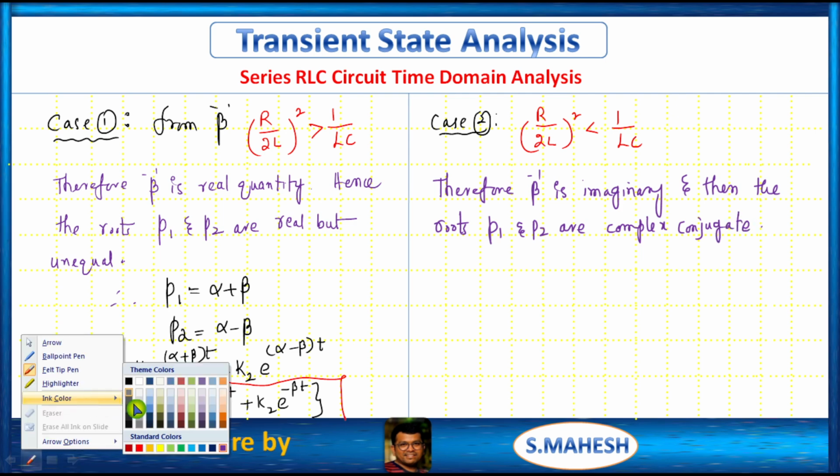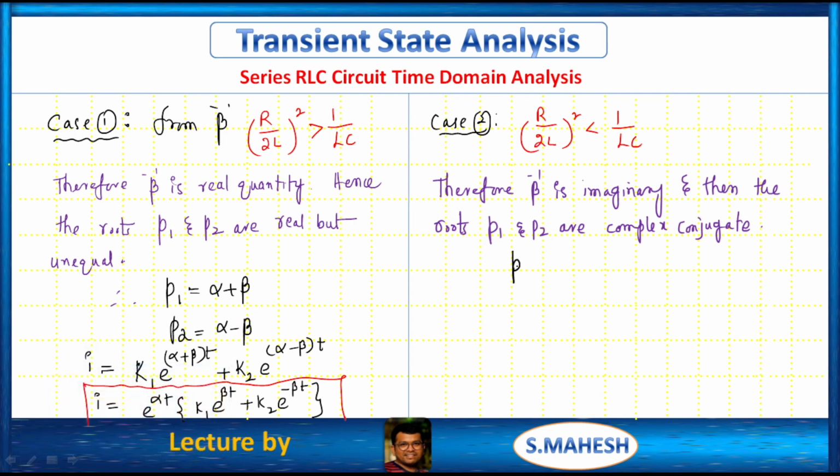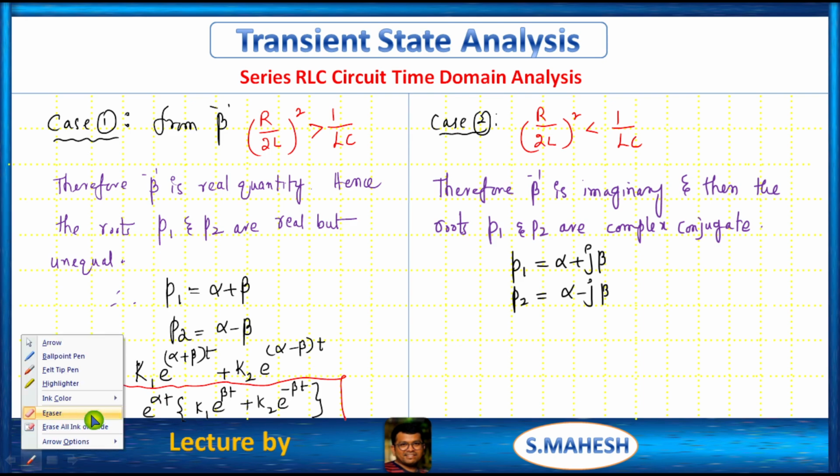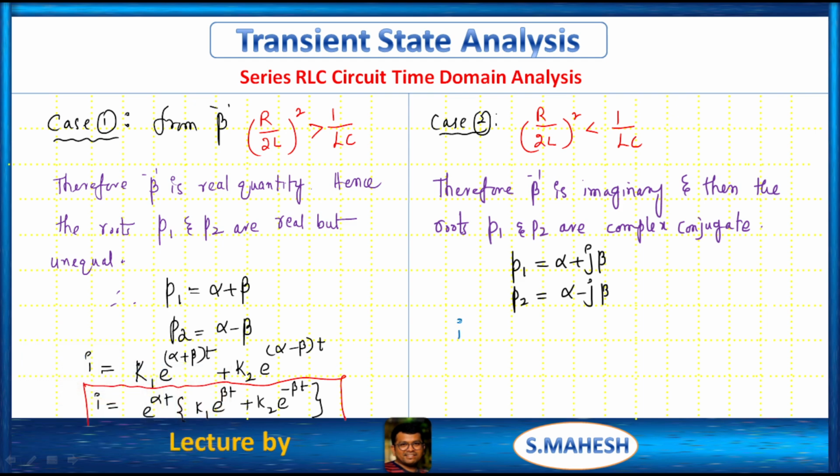Therefore P1 is what? Alpha plus j beta, P2 alpha minus j beta. That's it. So from this, I is equal to K1 into e power alpha plus j beta into t plus K2 into e power alpha minus j beta into t.